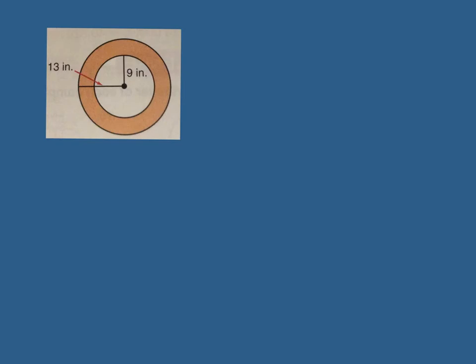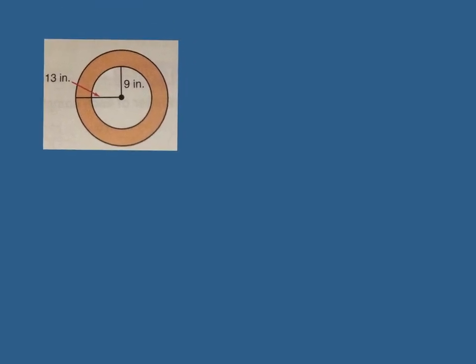Here we're given a circle and asked to find the area of just the shaded region. So what we would do here, we would do the area of the big circle, so I'll just draw a circle, minus the area of the small circle.